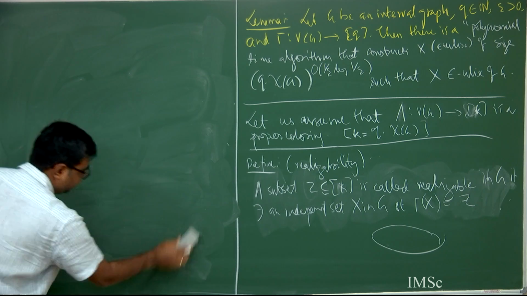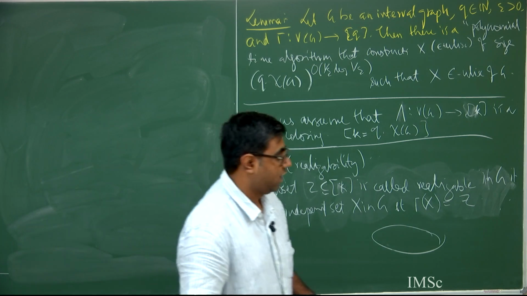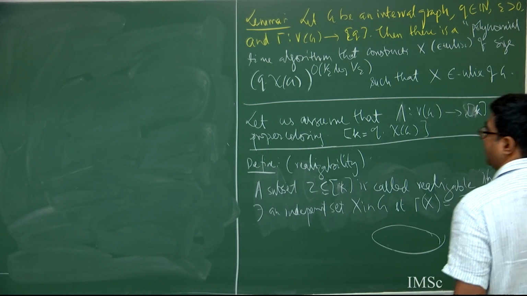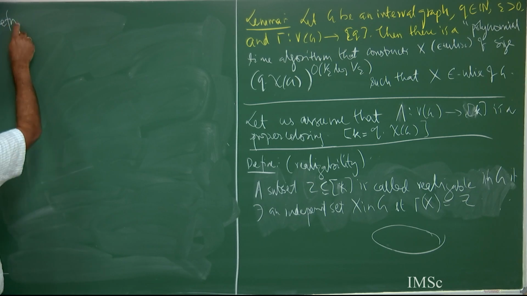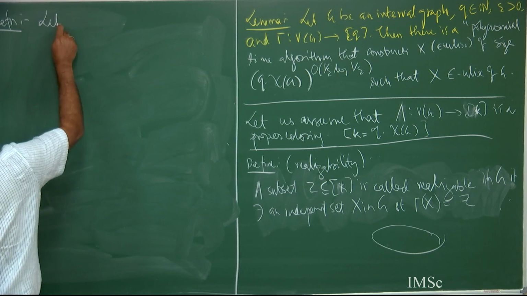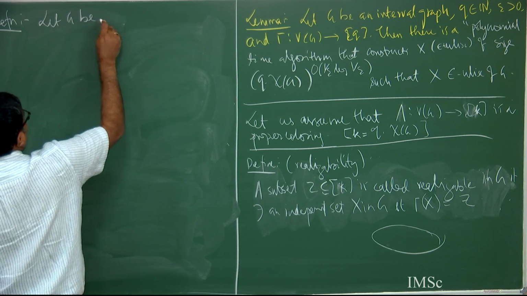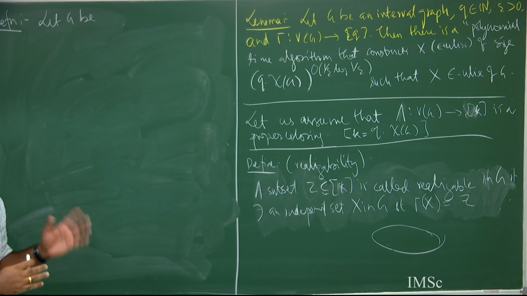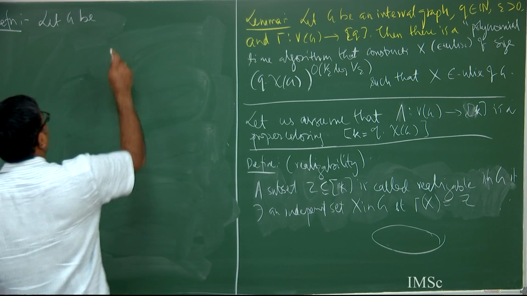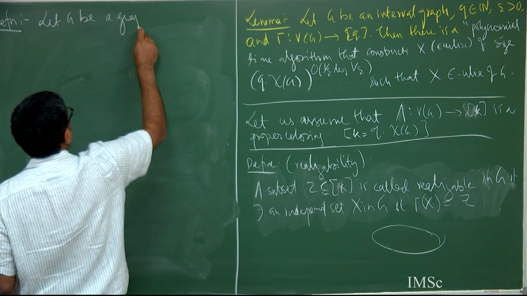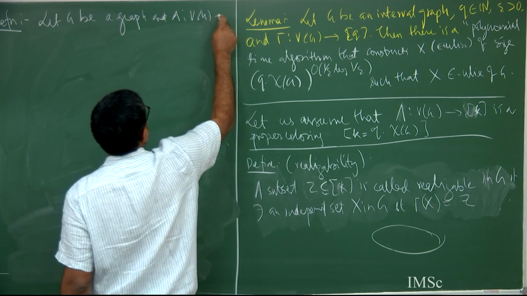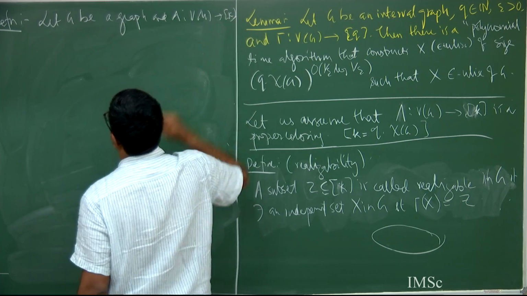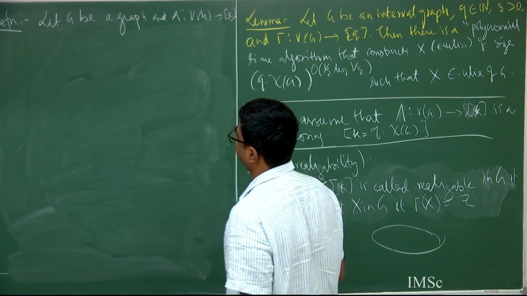Sometimes you need the right definition to do anything. So the definition we said: let G be a graph, for now an interval graph, because I have always told you it is an interval graph. Let G be a graph and delta be this.